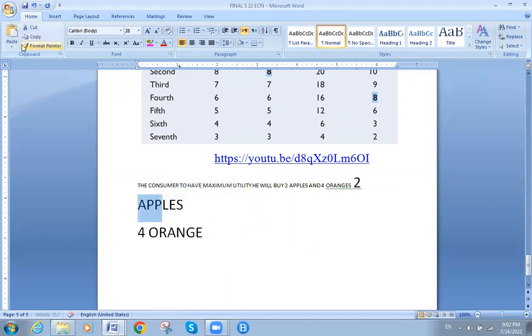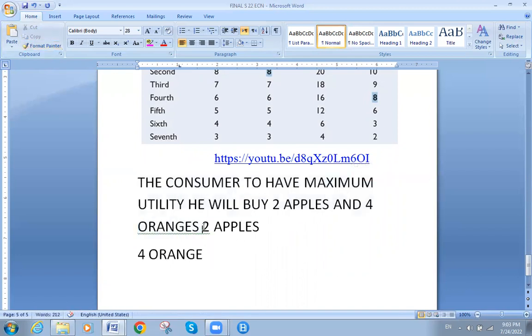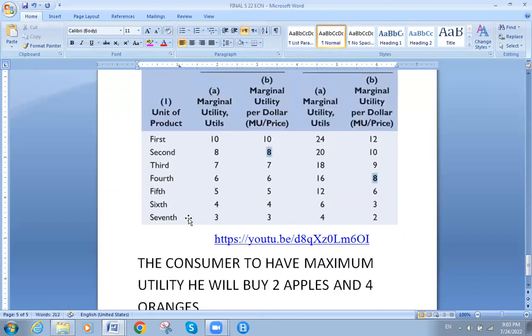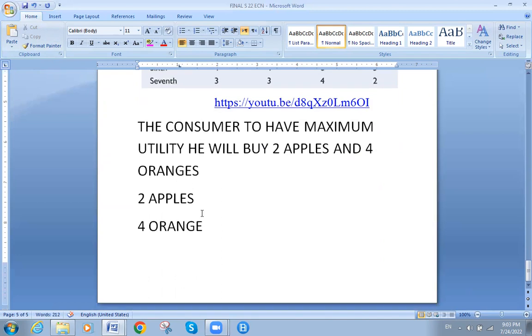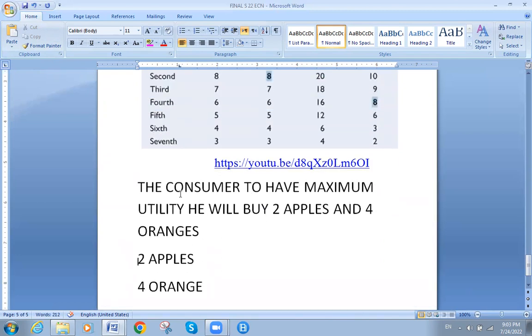So let's enlarge it that way for you guys to understand it. Here the first 8 for 2 is for the apple, and the 8 here is in front of 4 for the orange. So he will buy 2 apples and 4 oranges. Why? To maximize his utility.